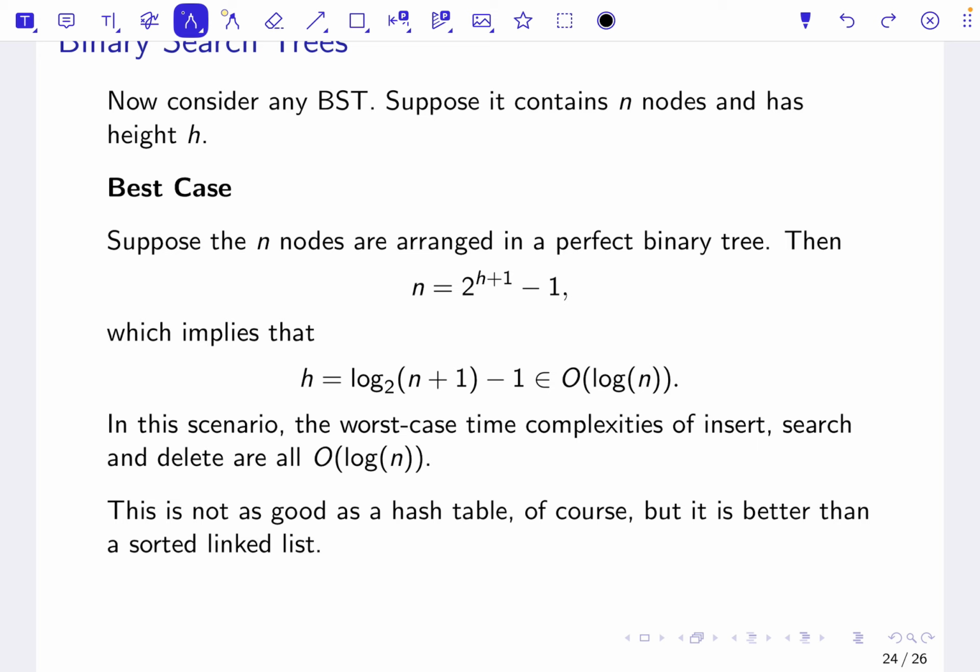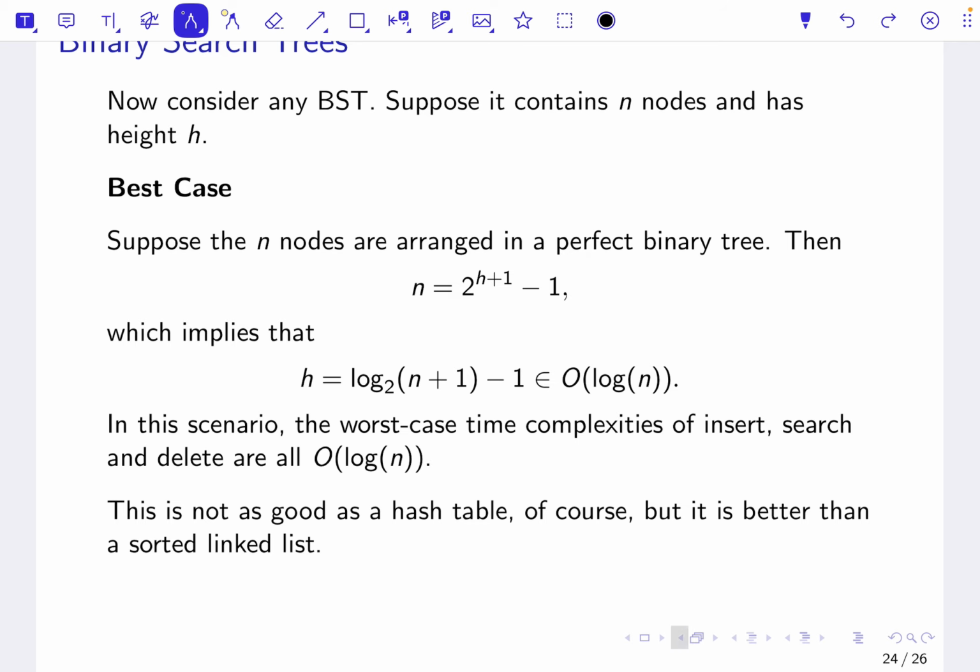So now we have a way to get n from h, which means that we're so close to being able to express h in terms of n. Replace h by some expression of n. So, using this trusty formula and doing a little bit of algebra, you would have to add 1 to both sides to cancel out that minus 1, and then do a logarithm of both sides to cancel out that 2 to the power of.